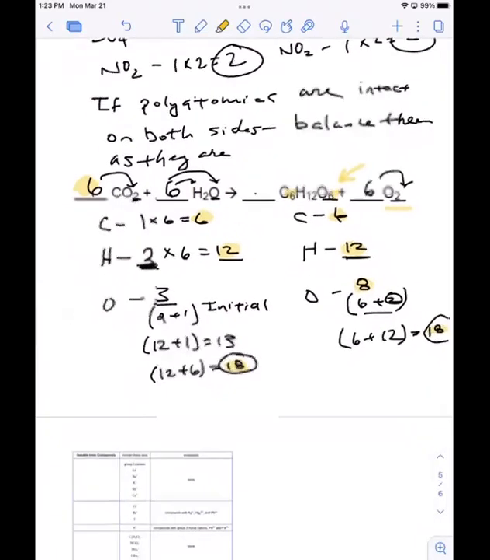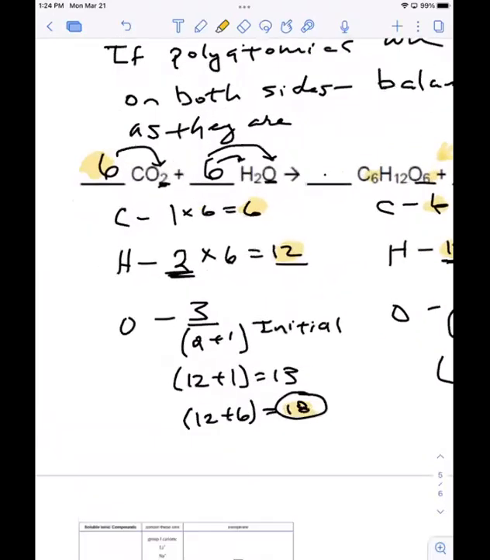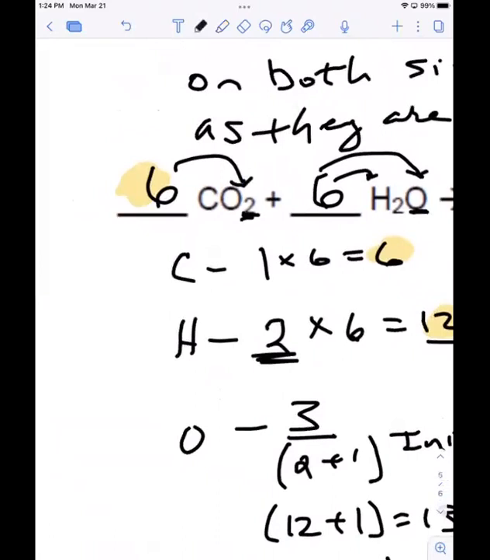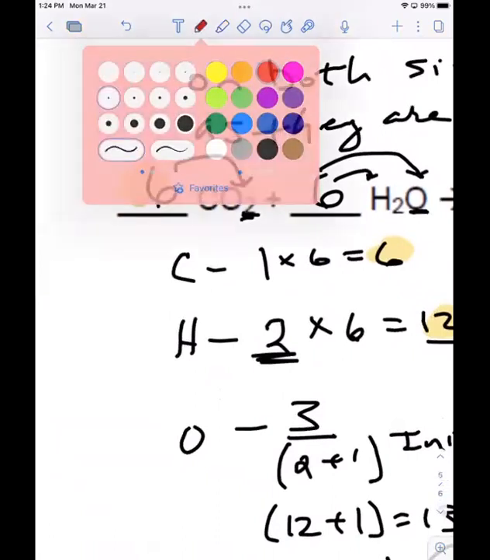So the overall total balanced equation is 6 moles. And I'm saying this in terms of what these numbers mean. So 6 moles of CO2 plus 6 moles of water gives me 1 mole of C6H12O6 and then 6 moles of oxygen gas. That's how you look at those coefficients.